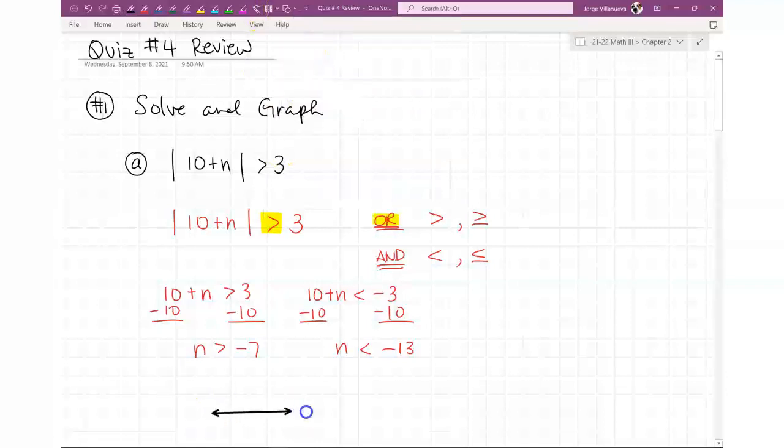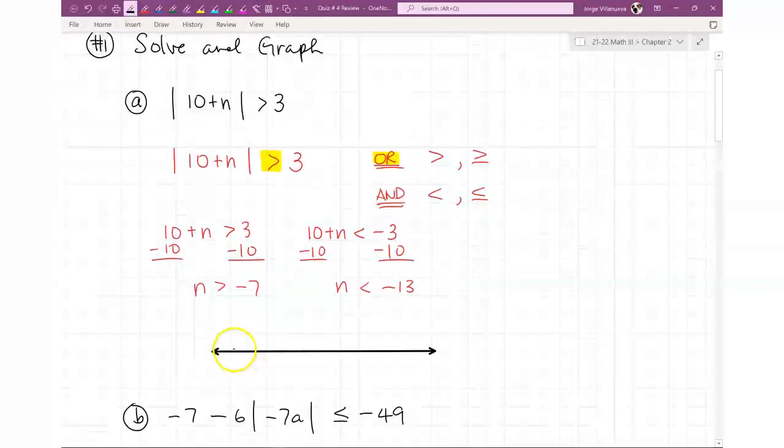I'm going to put a number line here. You guys will just have to pick it from an actual number line. So I'll put negative 15 here, negative 13, negative 11, negative 9, negative 7, negative 5. There's my number line, and I'm going to graph both of these. n is greater than negative 7.